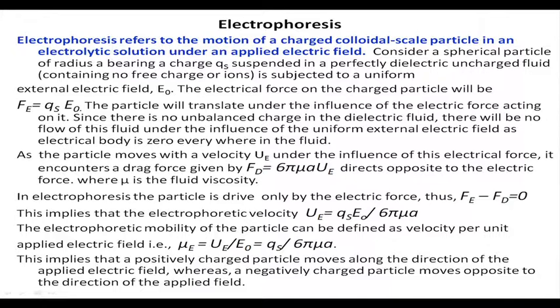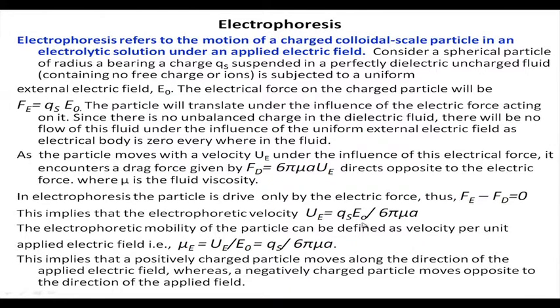This implies that a positively charged particle moves along the direction of the applied electric field. So, if Qs is positive, it will move along the direction of the applied electric field E0, and if Qs is negative, it will move in the opposite direction, depending on the Qs charge.